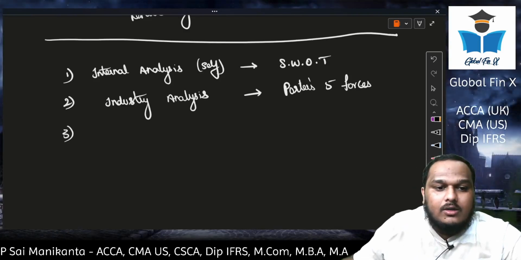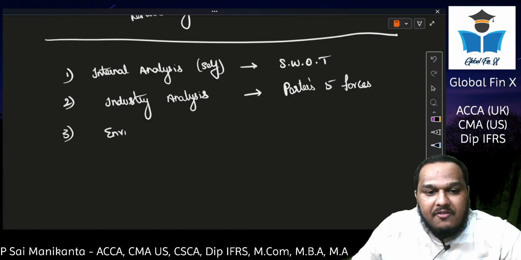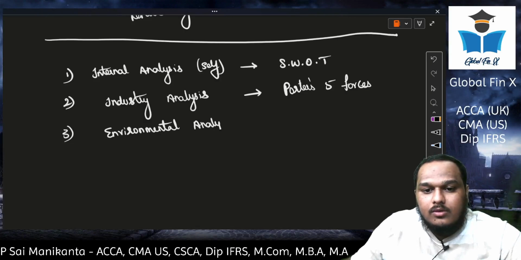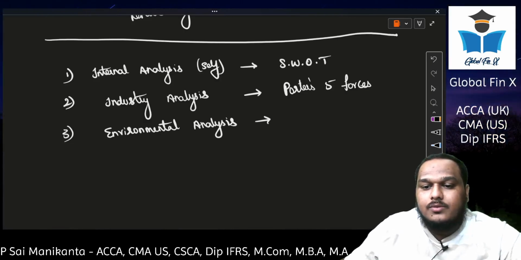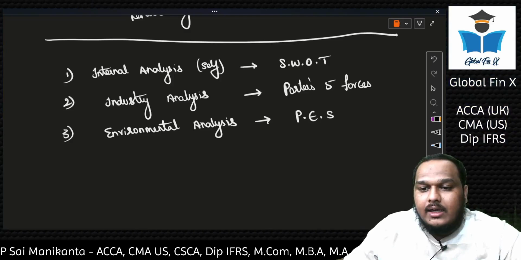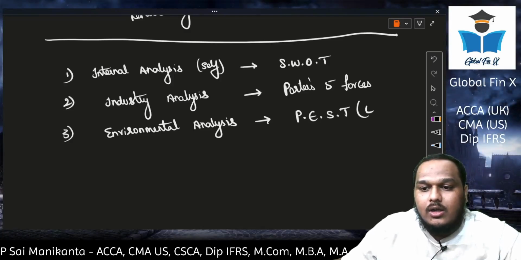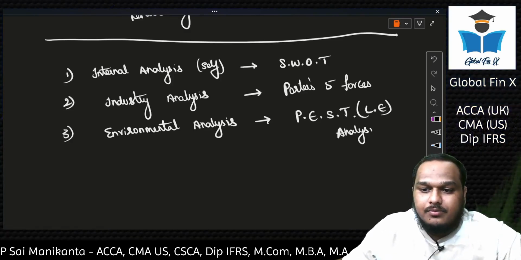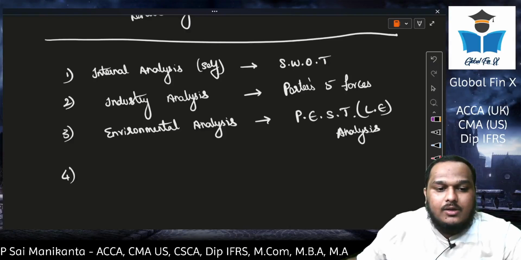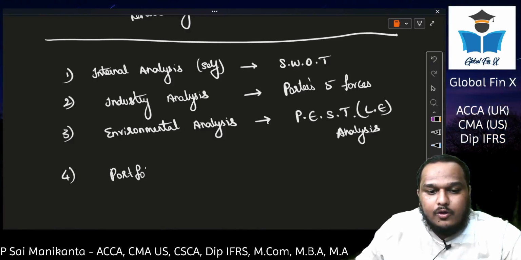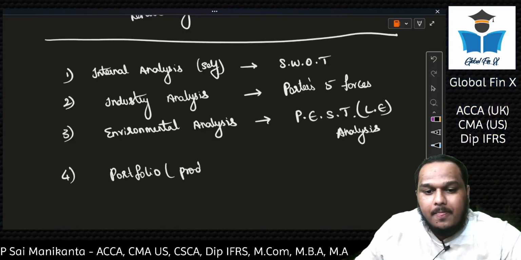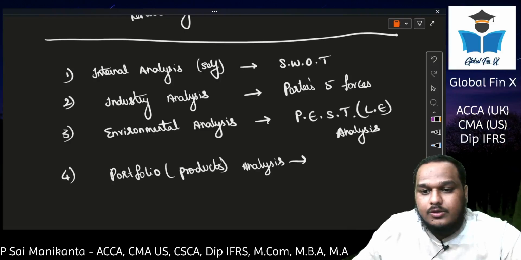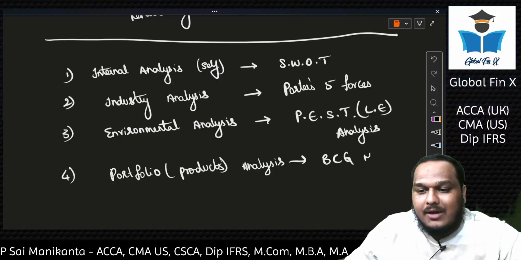Then for environment analysis, we are going to use PEST analysis: political, economical, social, technological, with legal and environmental being optional. And then for portfolio analysis, portfolio means products. For your products analysis, we are going to use the BCG matrix.